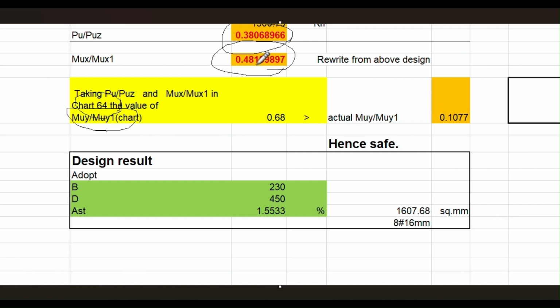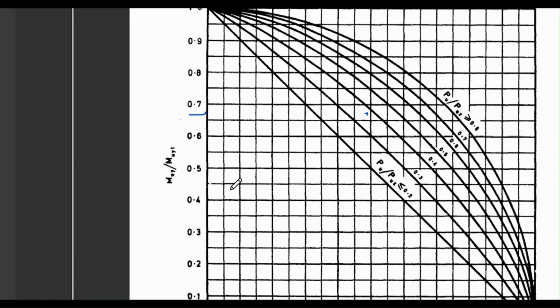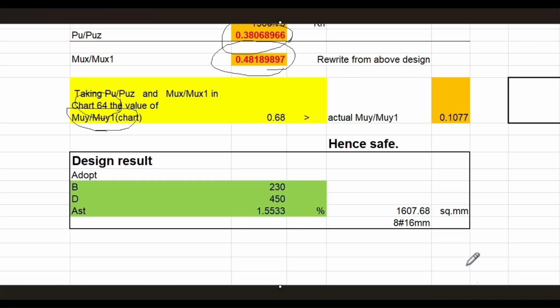The Mu value is 0.68, the Pu by Puz value is 0.38, and the x-axis value is 0.48.